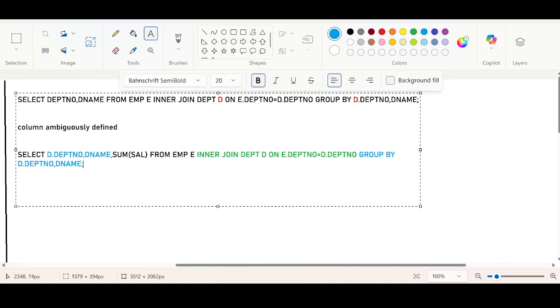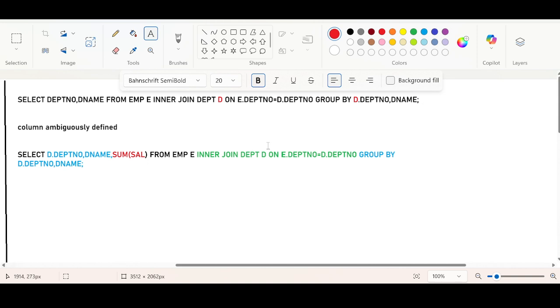After grouping, add the respective function which you want to apply; this is step number 3. That's it. First join the two tables, second use the group by expression, and third use the function. It is all about how to join two tables by using inner join.